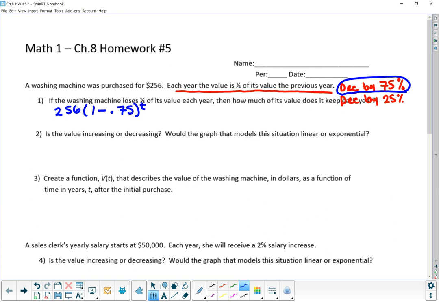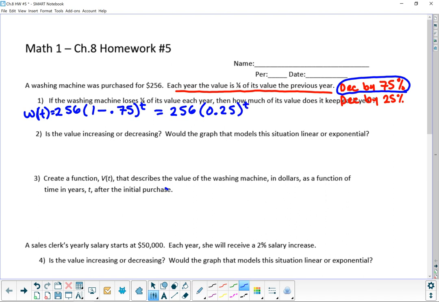Right, and what should we call this? This is the washing machine, so we'll call it WT. Okay, so if we rewrite this, we'll get 256 times, and 1 minus 0.75 is going to give you 0.25, and this is to the t power.